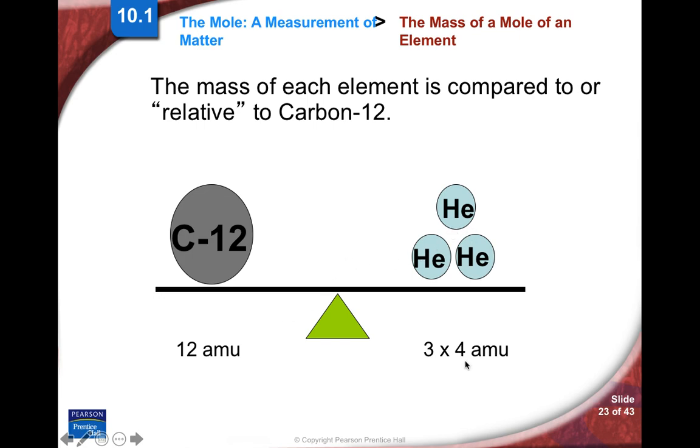Helium has an atomic mass value of roughly 4. It would take 3 helium atoms to equate to the mass of 1 carbon-12. That's all we're referring to, is how particular elements, atoms, compare to carbon-12.